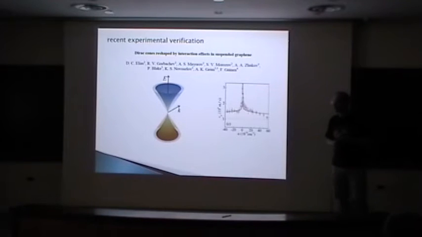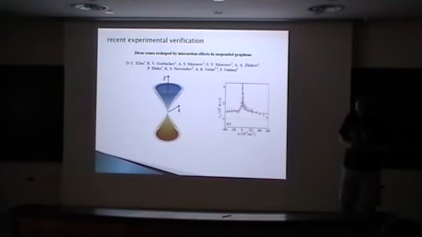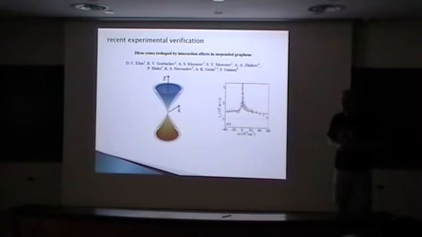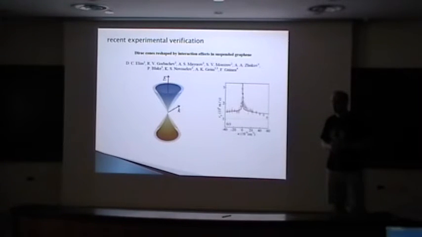Second question. It seems that the result is more general than graphene. Can you say something about 3D topological insulators? Is the Dirac cone on a topological insulator robust against interactions? Well, here we have ignored a number of interactions that are important for topological insulators, such as spin-orbit interactions.